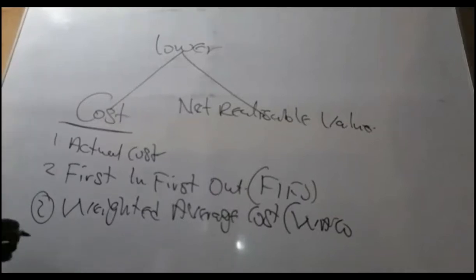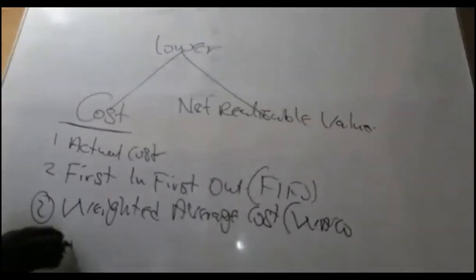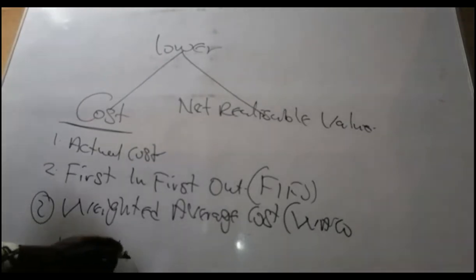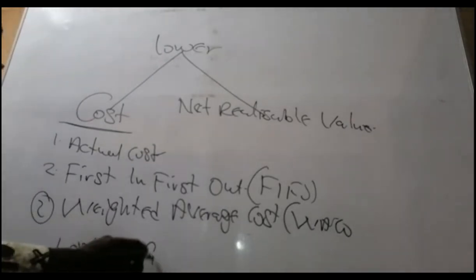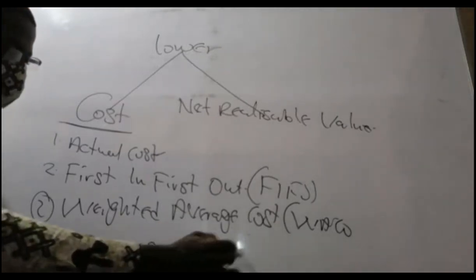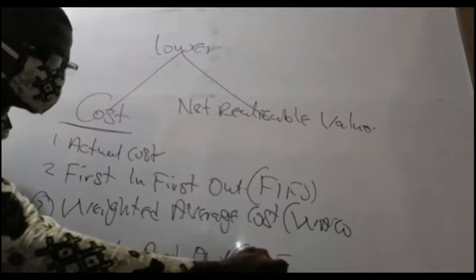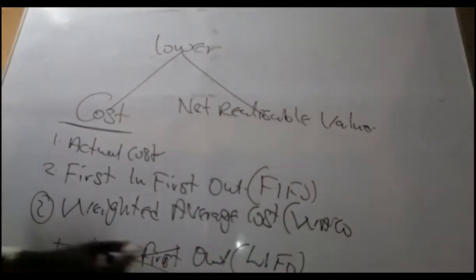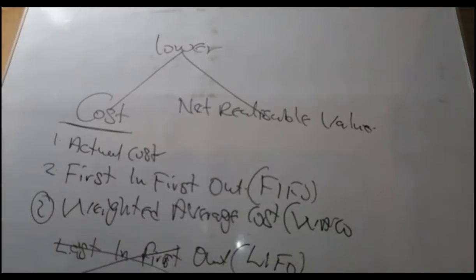However, LIFO is being banned by what? IAS 2. We call it last in, first out, so we call it LIFO. IAS 2 has banned this, so LIFO is not part of the cost formula. So that is it.